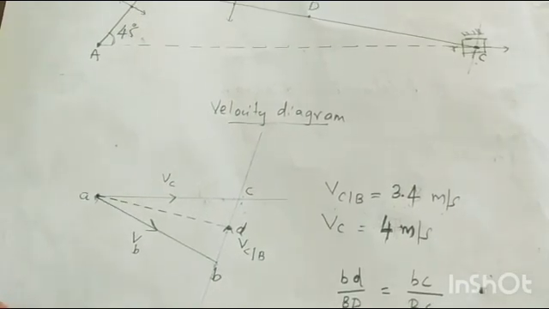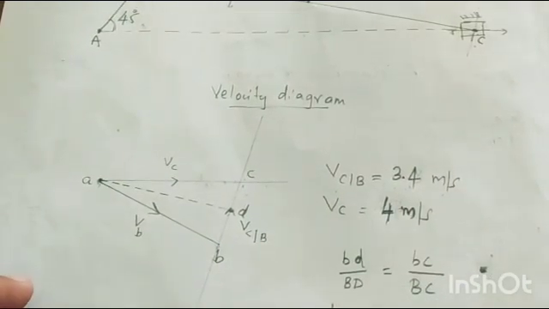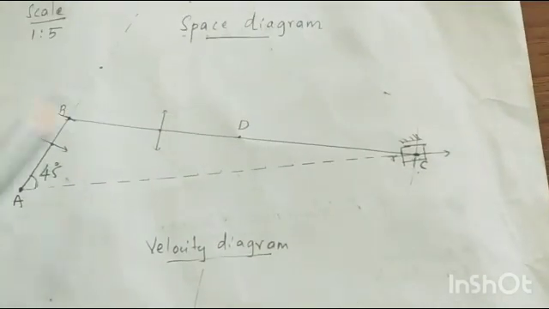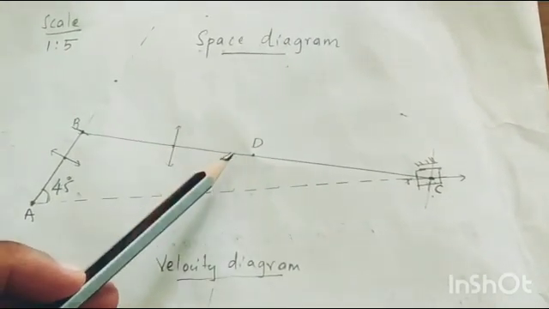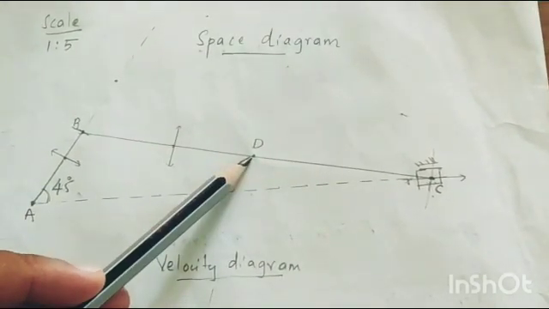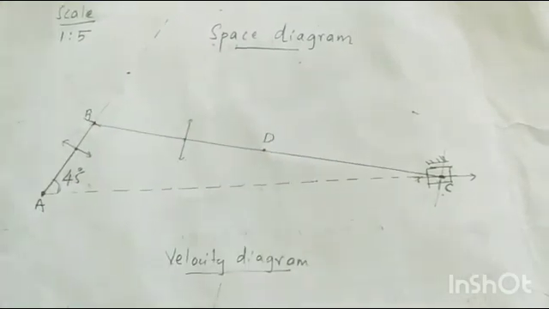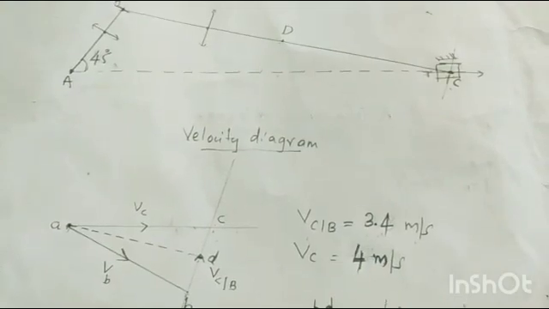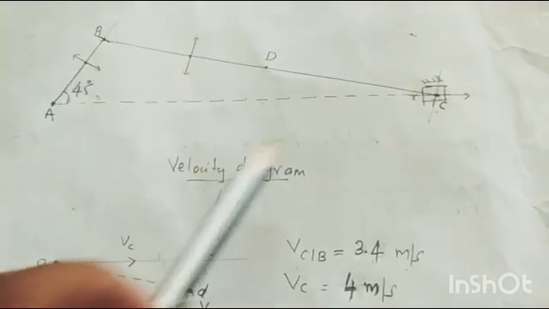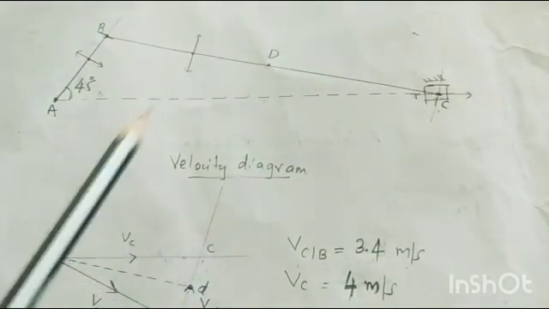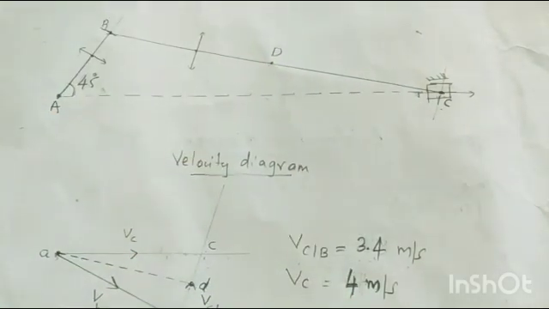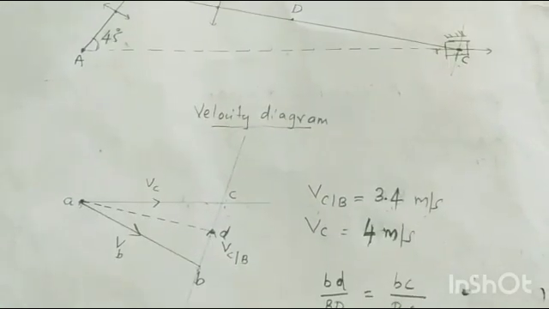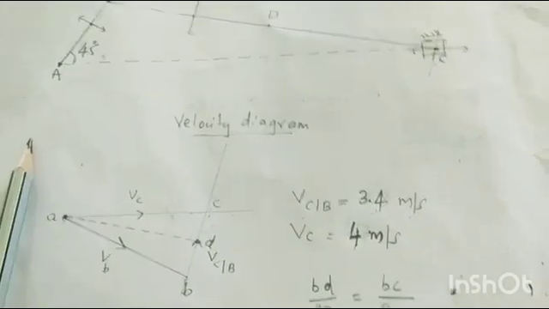Now the second part of the question is, you have to find the velocity of a point which is here, the midpoint of the connecting rod. How to find that? We have taken everything in the velocity diagram with respect to the space diagram, so the ratios of the sides of both diagrams will be the same.